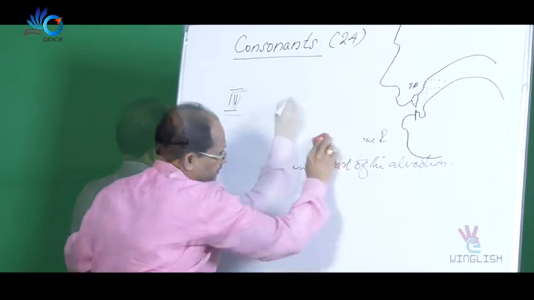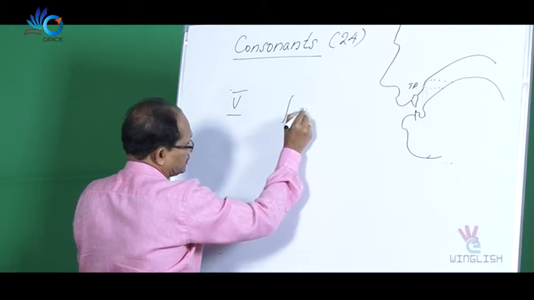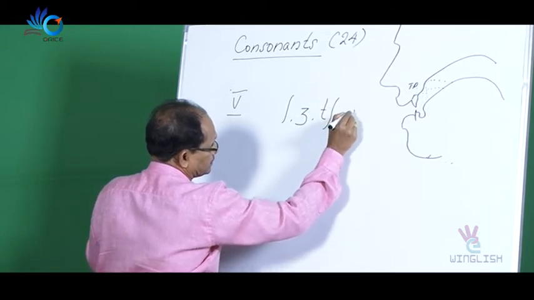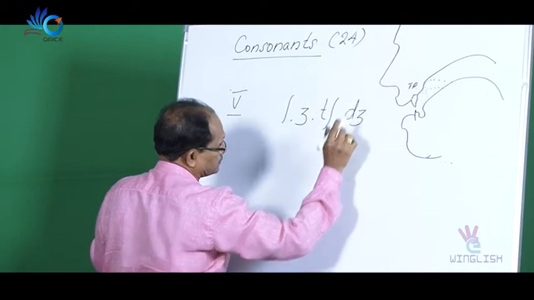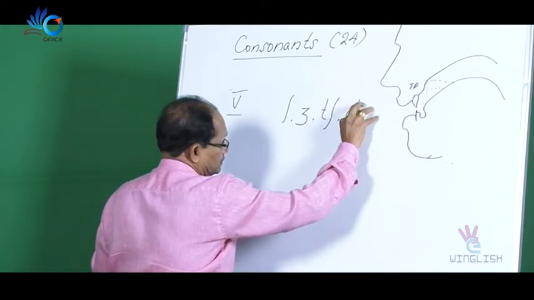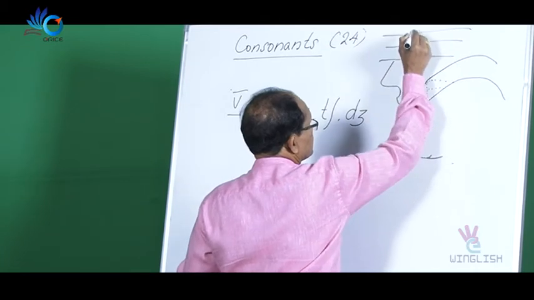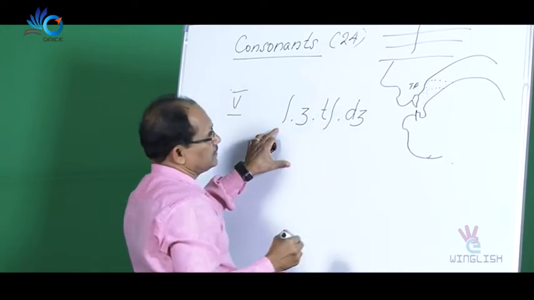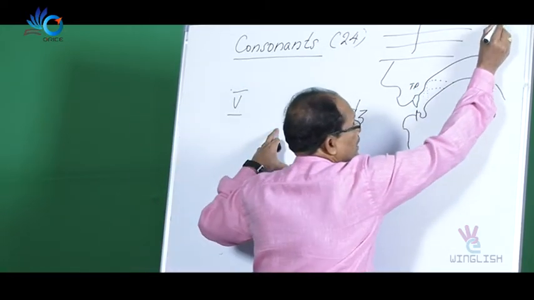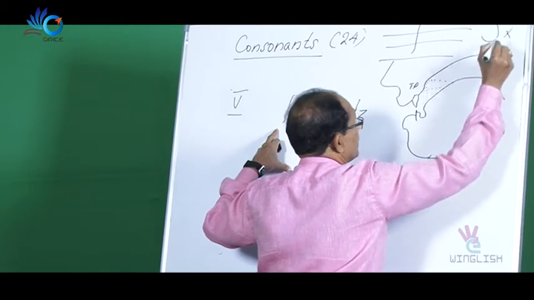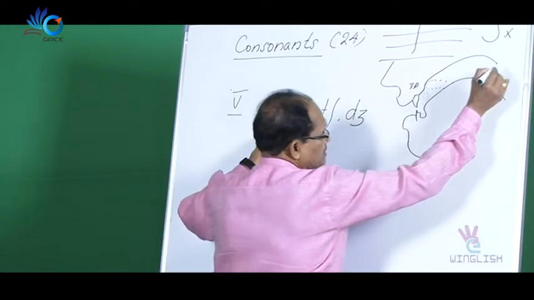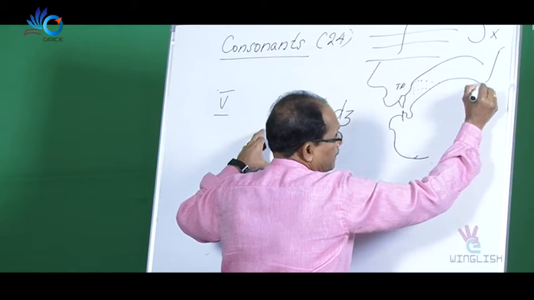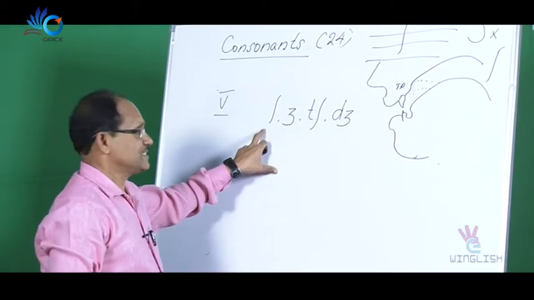Now, the next group, this is how you have to write the symbol. Do not write this way. You can begin as L, then that is the symbol.